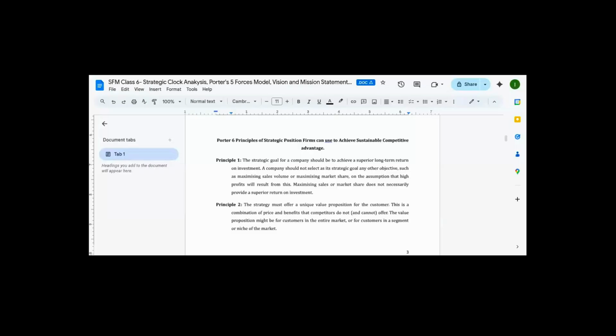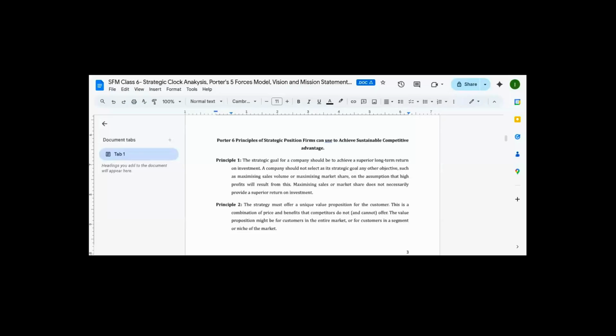So he said the company's strategic goal should be to achieve a superior long-term return on investment. The point I emphasize as the second point is this: a company should not select as a strategic goal any other objective such as maximizing sales volume or maximizing market share on the assumption that profit will result from this.